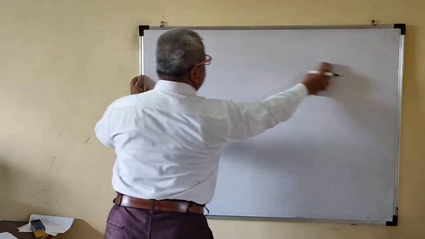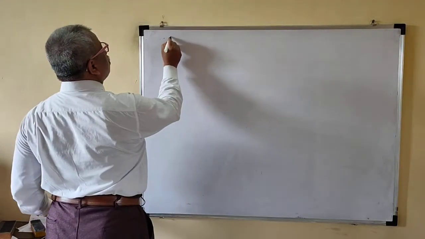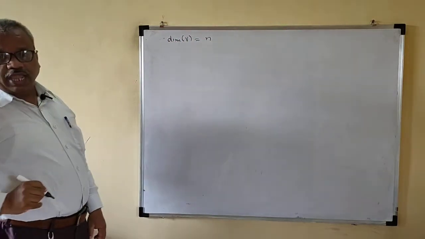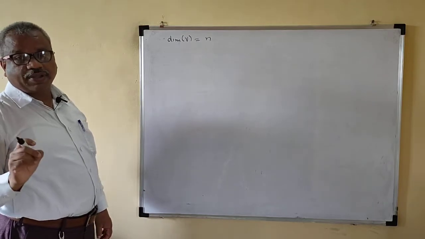Now suppose the dimension of V is equal to n. That means V is an n-dimensional vector space.